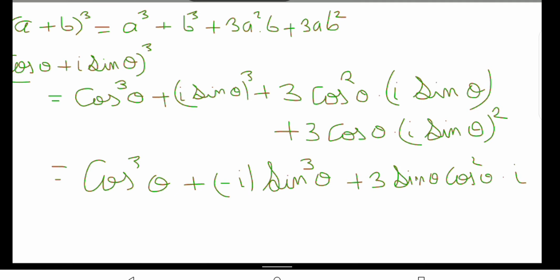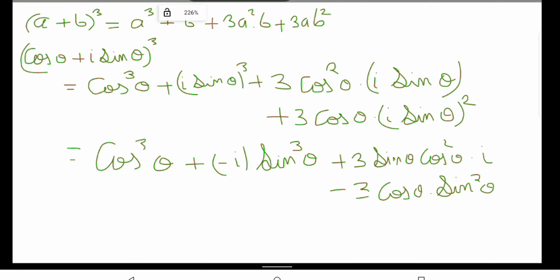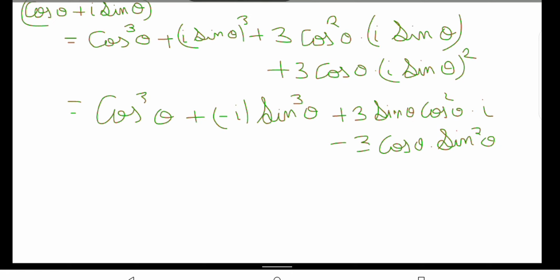Now (i sin theta) whole thing square is i square into sin square theta, and i square equal to minus 1, so minus 3 cos theta into sin square theta. We just have i square equal to minus 1 and i cube equal to minus i.